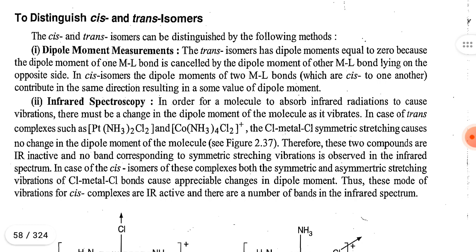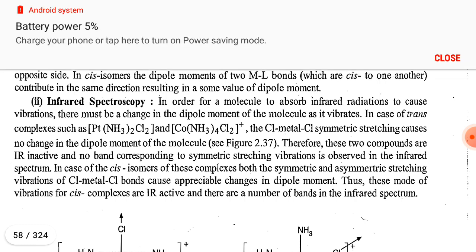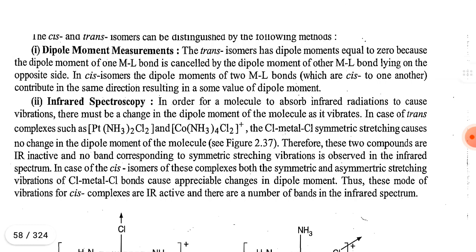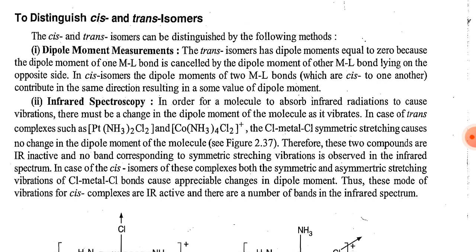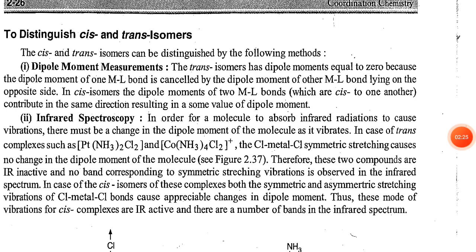In the cis form, the dipole moments of M-L bonds, which are cis to one another, contribute in the same direction, resulting in some value of dipole moment. In the cis isomer, the ligands are adjacent to each other, next to each other, so they shift their dipole moment towards the same direction.